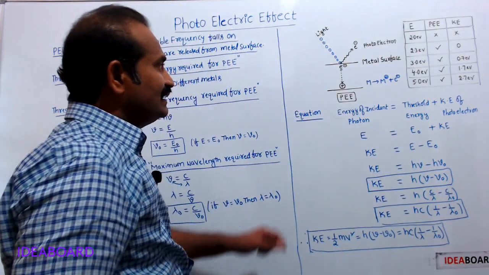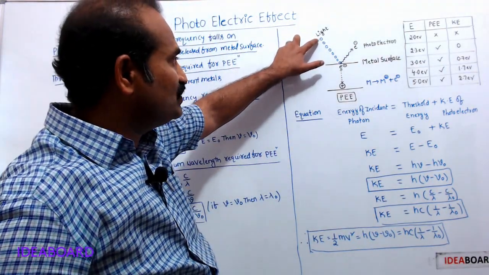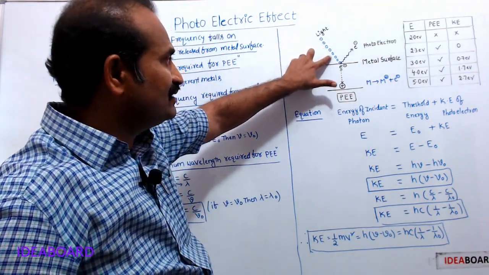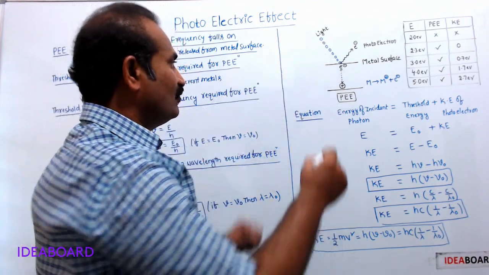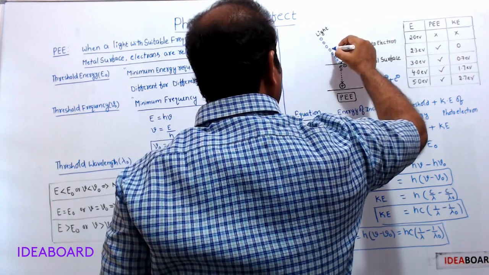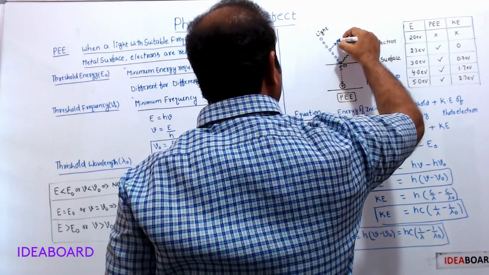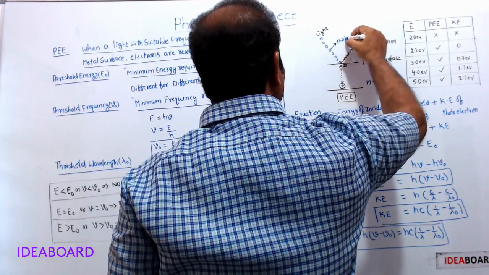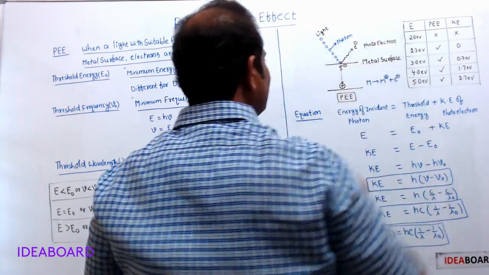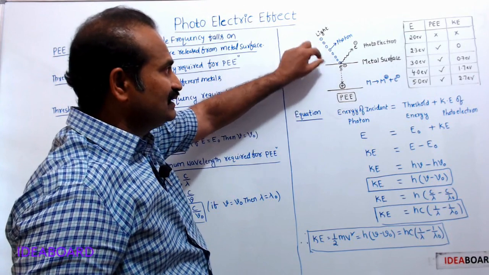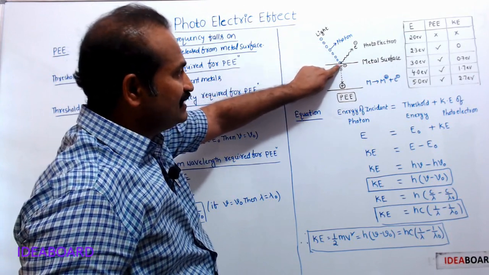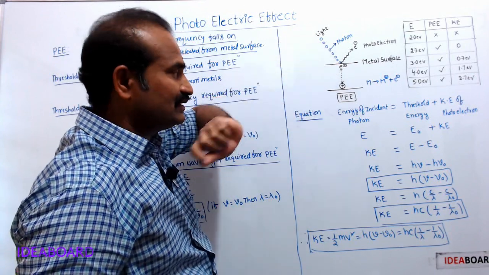These energy packets are known as photons. So here you may consider light as a stream of photons. Here the metal surface is shot with a stream of photons.